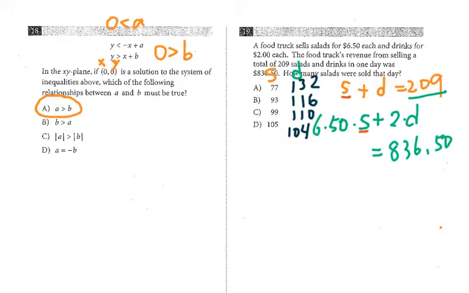Then you can plug in the pair, like S equals 77 and D equals 132, into this equation to check if it is true. After checking, you could say B will be the answer. When you plug S equals 93 and D equals 116, you will get $836.50.